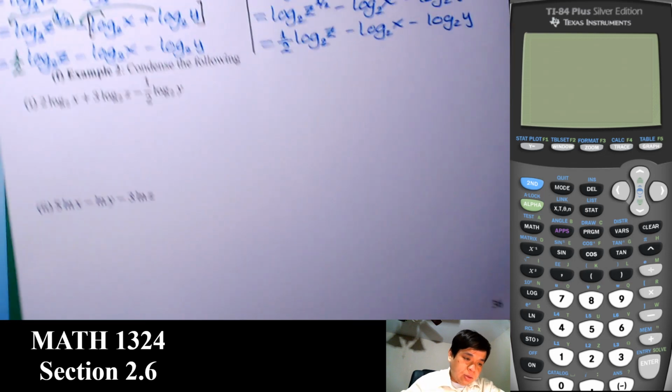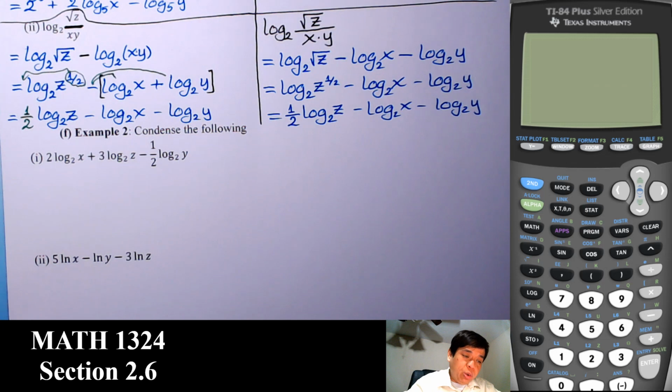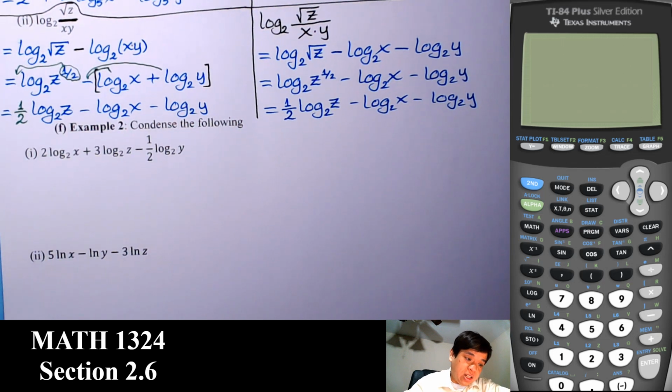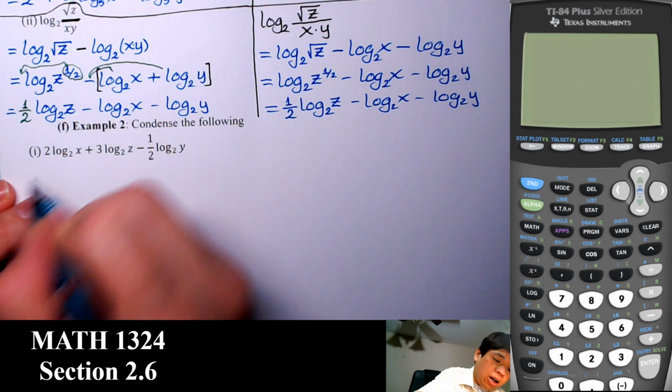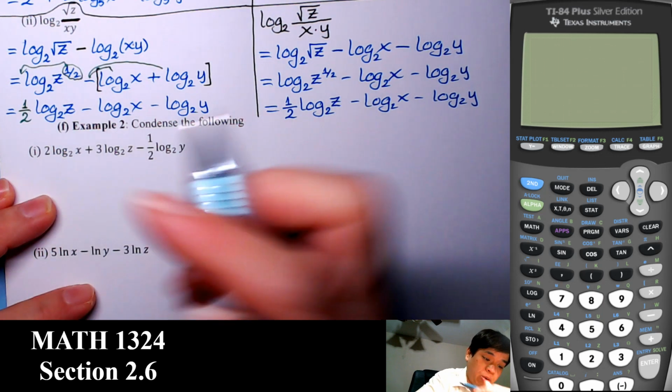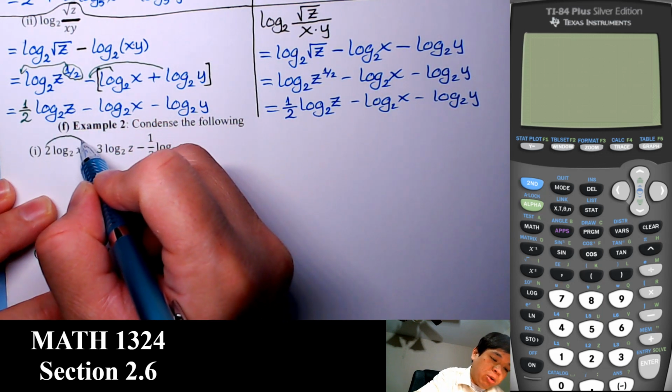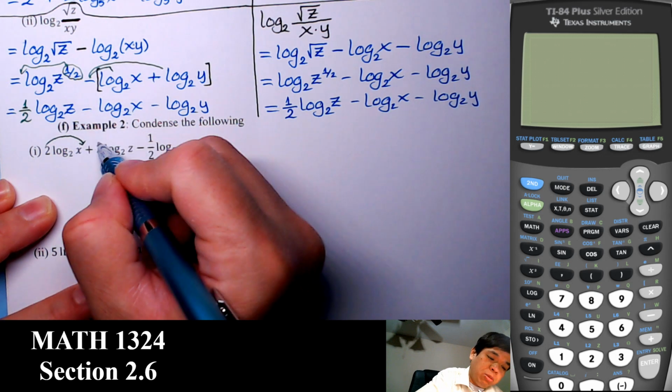Now, we do the reverse. We call that condensing. To do that, just do this in reverse. So if we can bring the exponent outside the coefficient, we can certainly bring it back in.